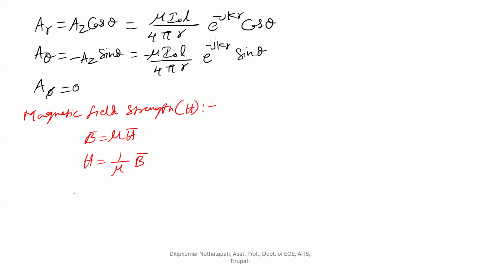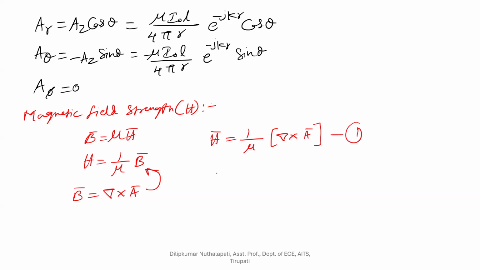There is a relation between B bar, the magnetic flux density, and the vector potential: B equal to del cross A bar. Substituting this here, we can get the equation of the magnetic field intensity in terms of A bar: H bar equal to 1 by mu into del cross A bar. Now, mark this as equation number 1.